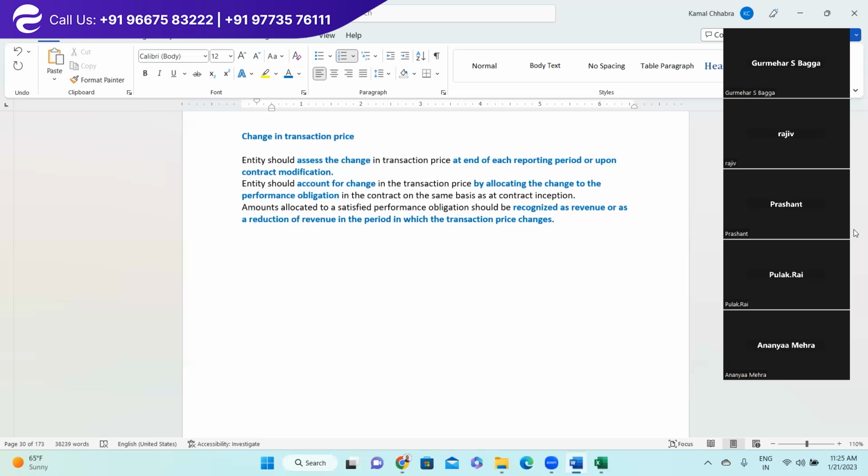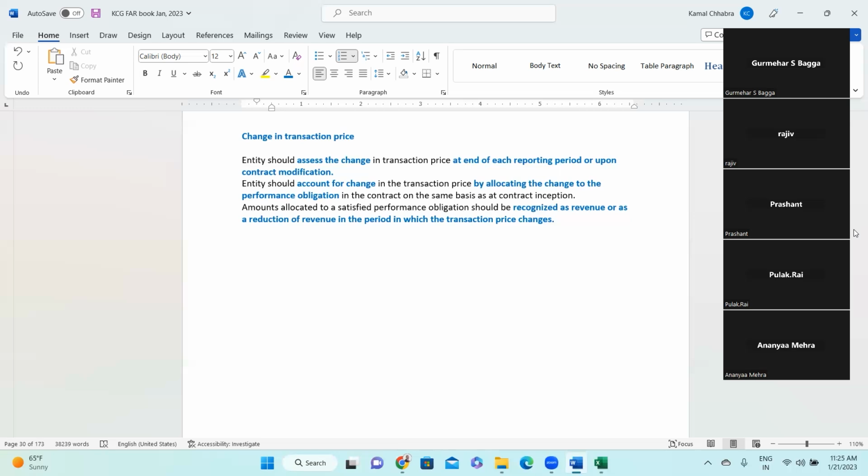If there is any change in price, change in scope, or both, and the contract is getting modified, at that point of time you need to revisit and re-evaluate what the total transaction price is. The second thing is at the end of each period, when you are closing your financial statements, right? So it is your responsibility to assess the change in transaction price at two times: one is if there is any modification in the contract, at the time of modification; if there is no modification, then at the period end.